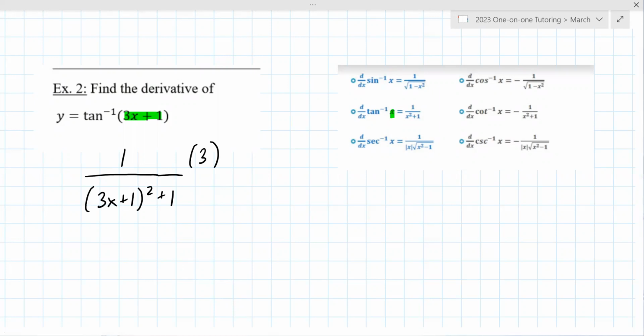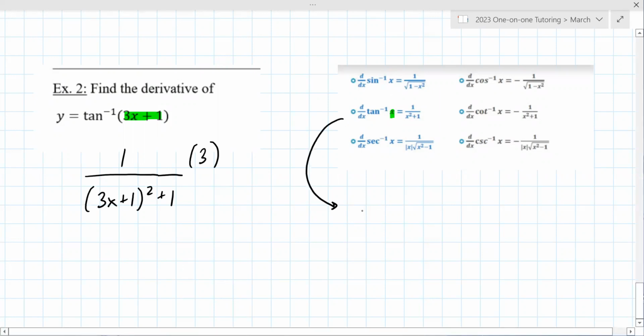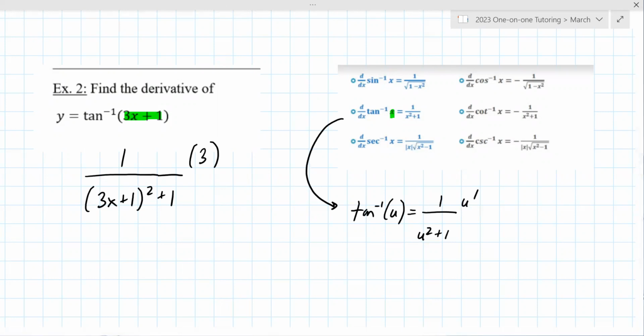On the rules, it doesn't say it, but you multiply by the derivative, so it's really a chain rule derivative. It's 1 over u squared plus 1 times u prime. They're all chain rule derivatives.